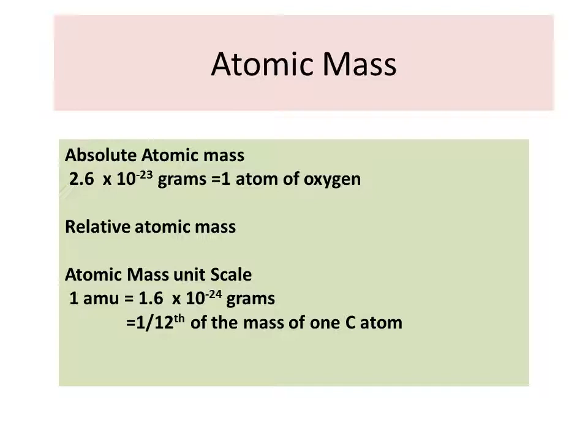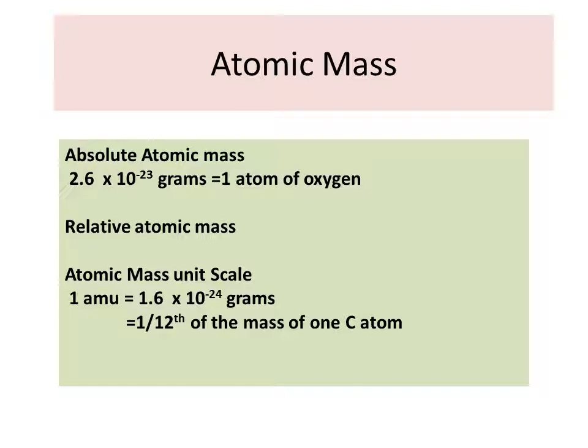The masses of atoms of other elements were measured in relation to the mass of one atom of hydrogen. So all these masses were known as relative atomic mass, because they were in relation to the atomic mass of a particular standard substance.